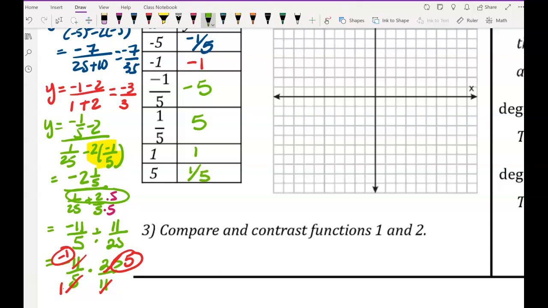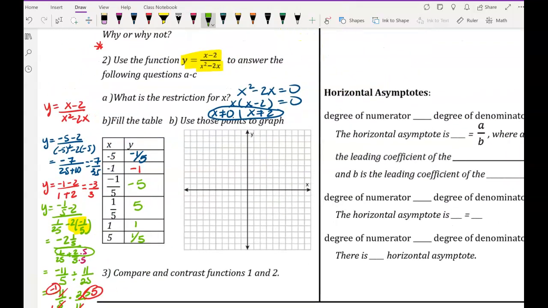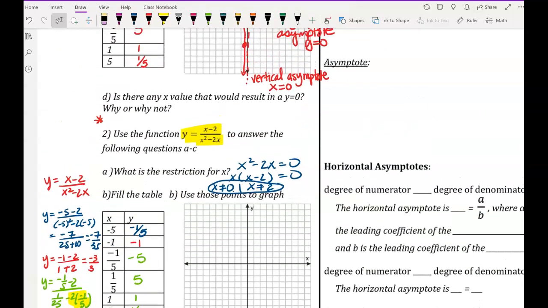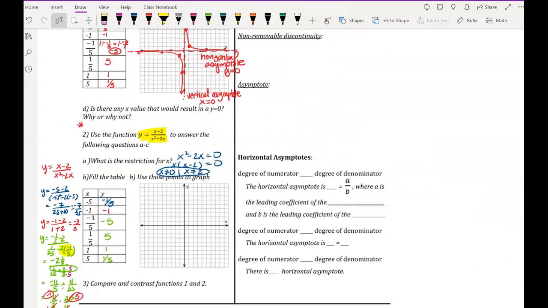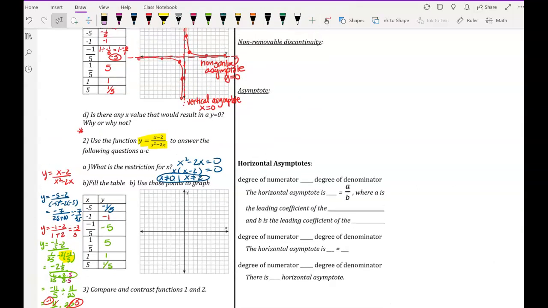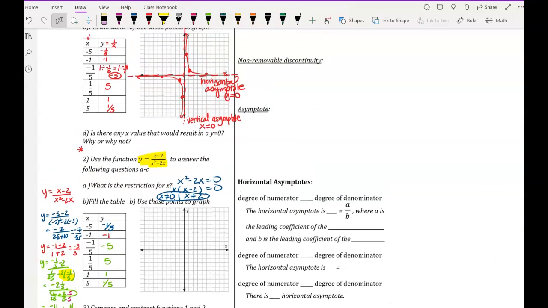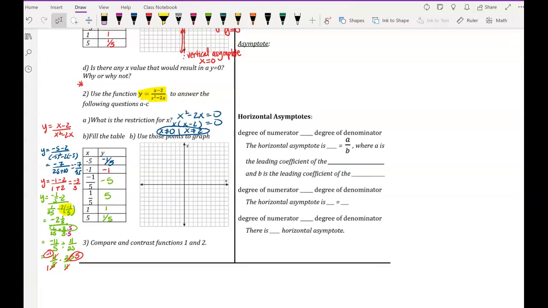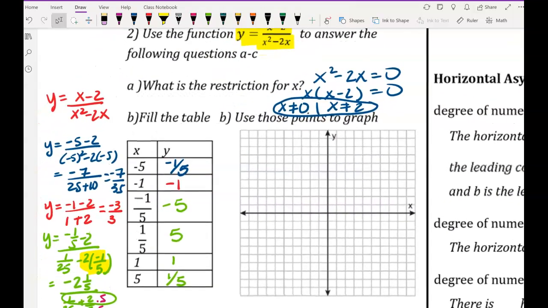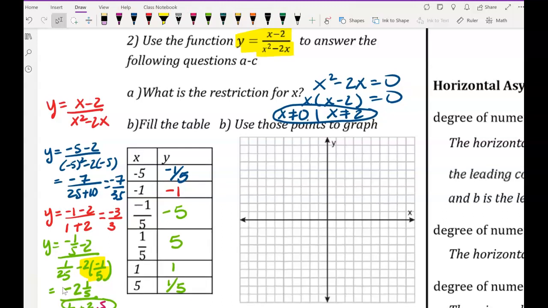So let's compare really quickly. Students, look at those outputs. Aren't those outputs the same as what we have above? Exactly the same, no difference at all. Isn't that weird that our equations look super different from the above, but our outputs are the same? So what that means is our graphs are going to be the same.